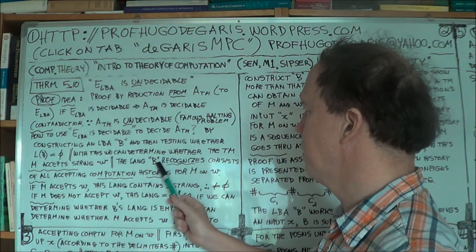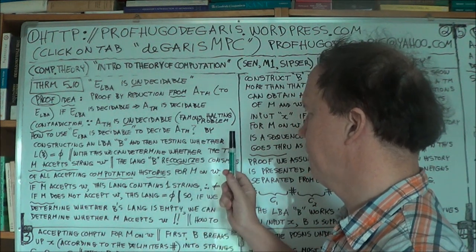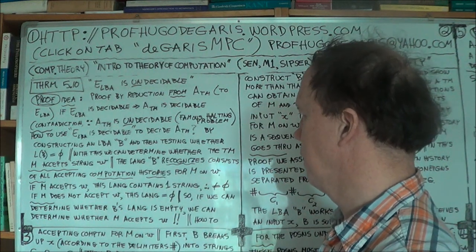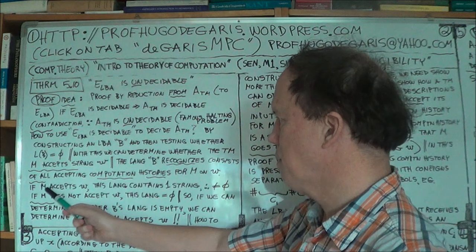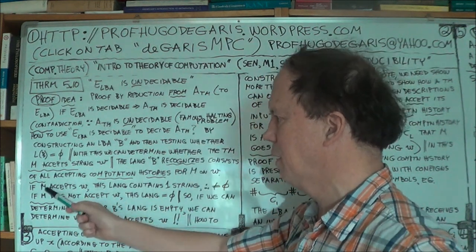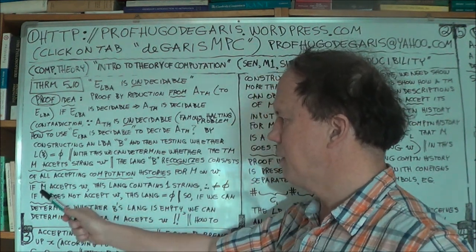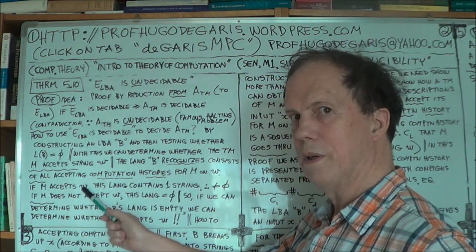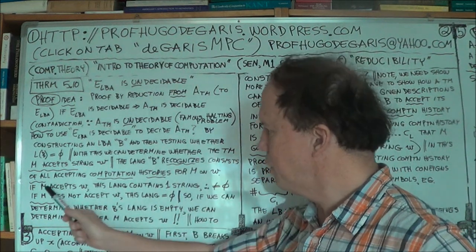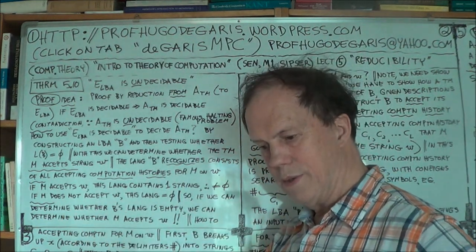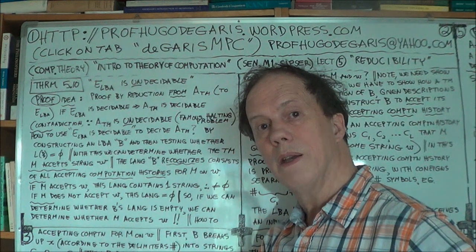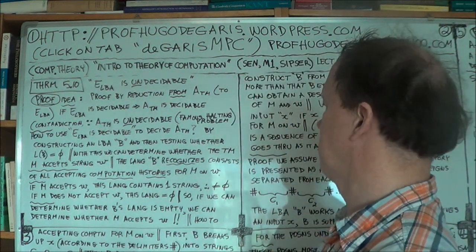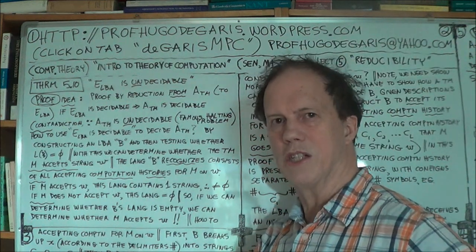So we have this machine B. Now think a moment. So this LBA here, if it accepts this string W, then this machine for this string has an accepting computation history, right?